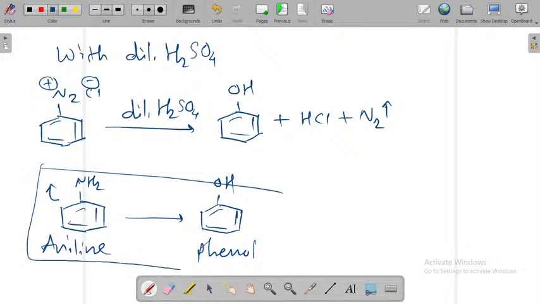This is the ultimate reaction. Understand? This is a negatively charged or electron donating group, and this is also an electron donating group. So this is quite like a nucleophilic substitution, but these aromatic compounds do not show nucleophilic substitution.